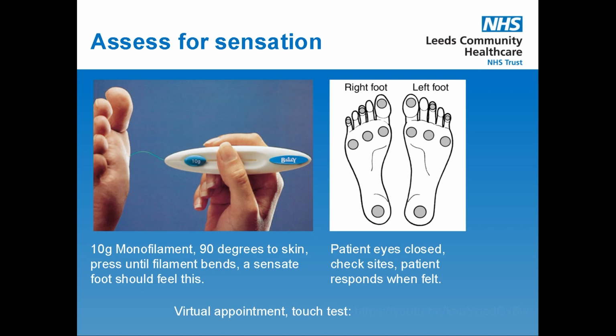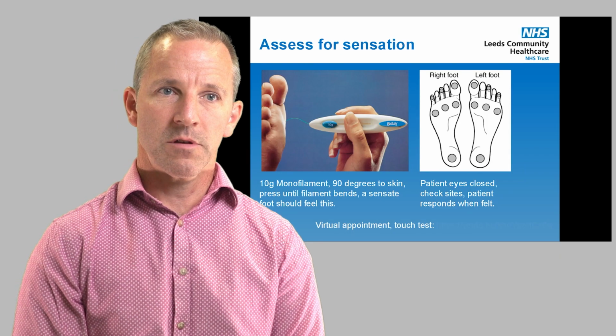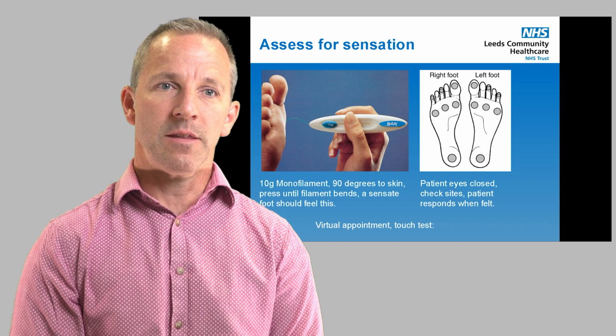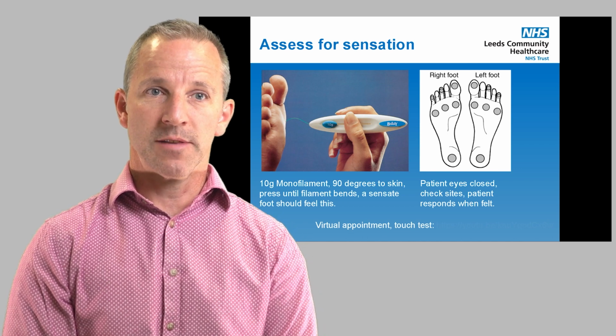This is a 10-gram monofilament, which is applied at a 90-degree angle to the skin on the areas of the diagram shown here. And once the monofilament starts to bend, this exerts a certain amount of pressure. If this pressure is not felt on the person's skin, then this person has some sensation loss.